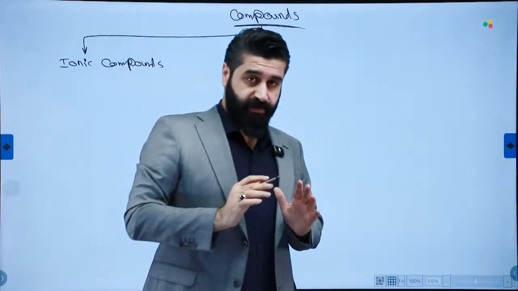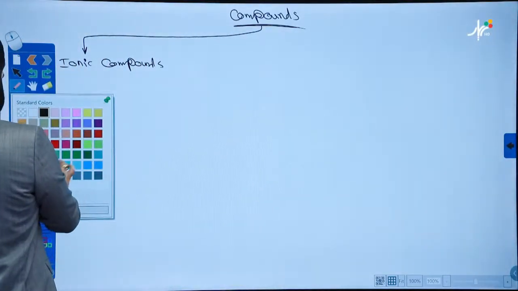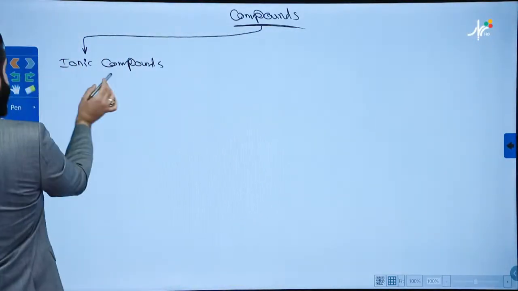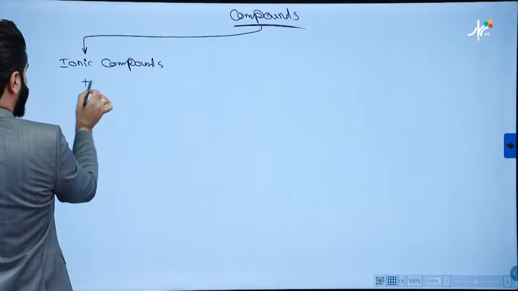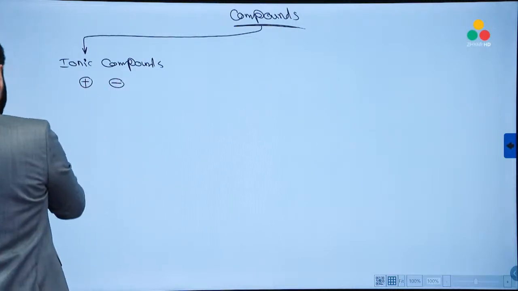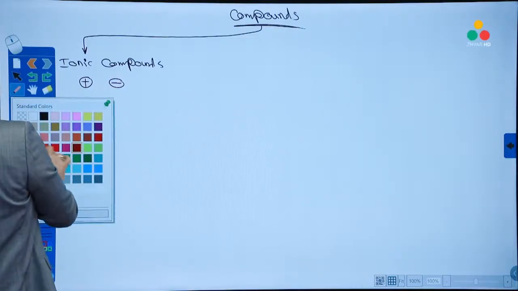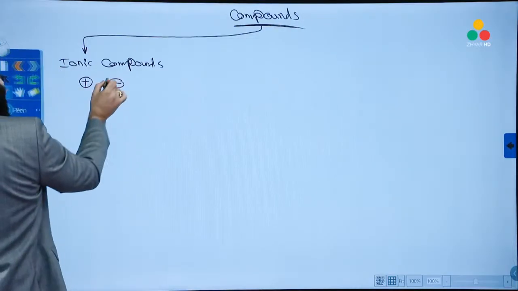Ionic compound means there is a positive ion and negative ion. Look, an ionic compound contains positive and negative ions. And between the positive and negative ions, there's an attraction which is called ionic attraction.